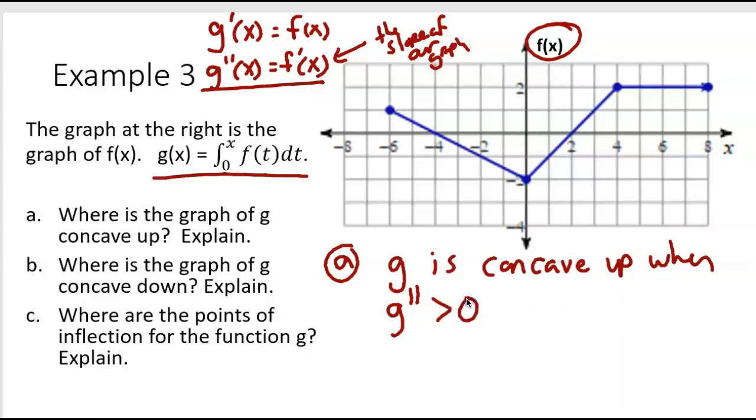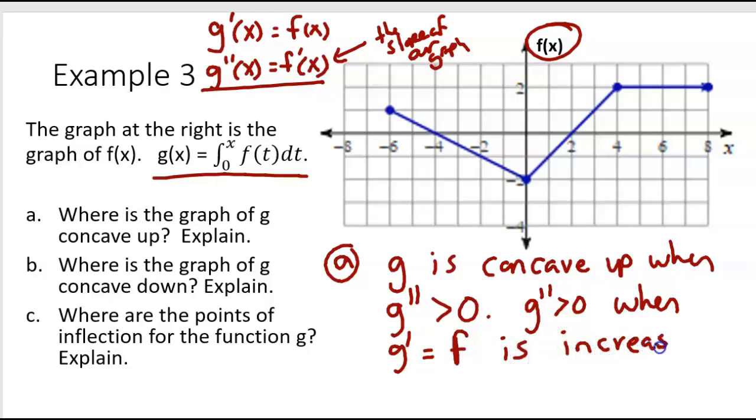Okay? So g is concave up when g double prime is greater than 0. G double prime is greater than 0 when g prime, the slope, when g prime, which is the same thing as f, is increasing. This happens where?